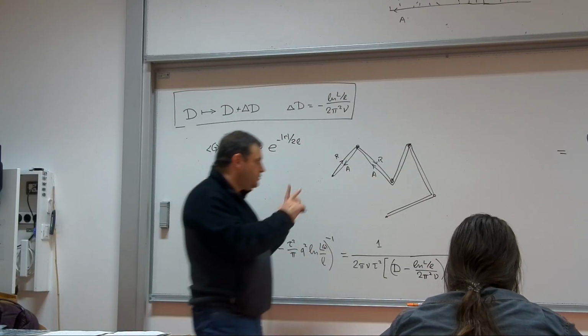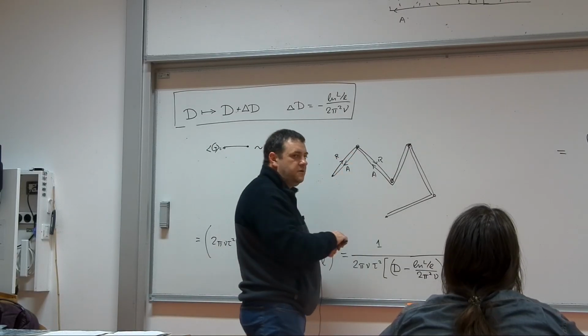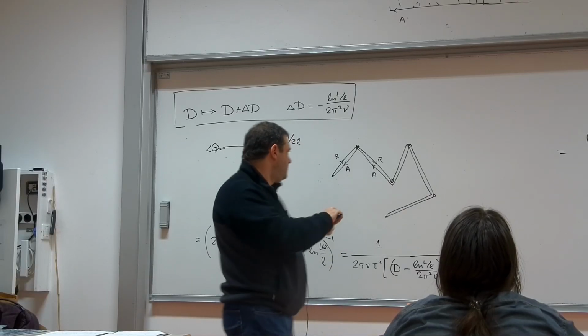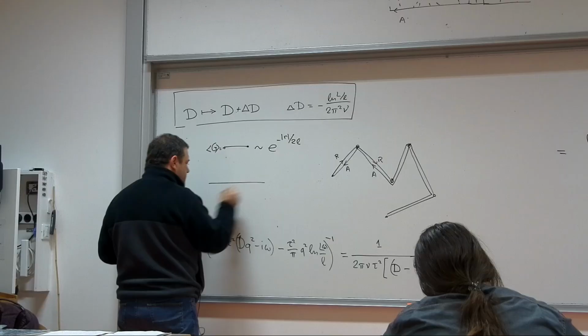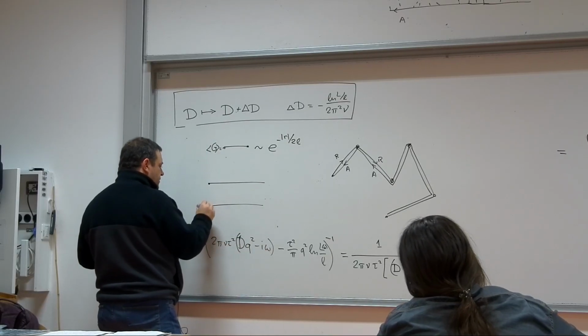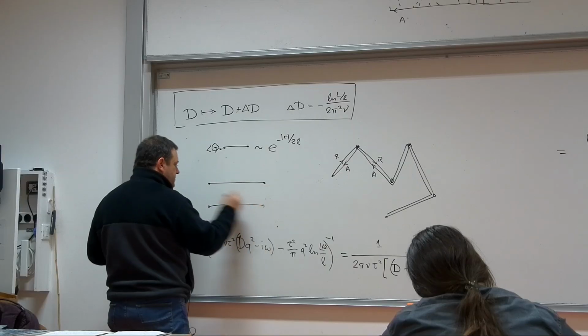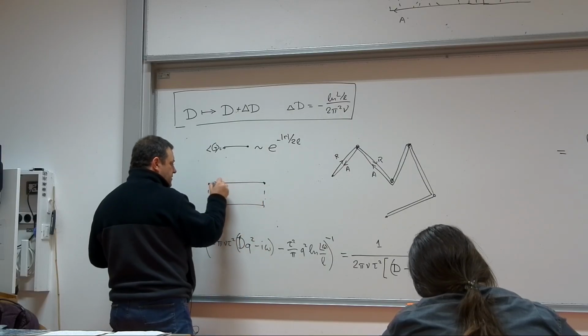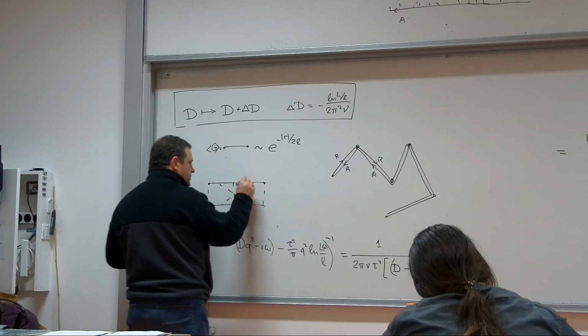So now, what will happen if I insert here a fan shape? Let's look at the diagram. This is my diagram. This is where my diffusion ends. And then here in between, I have a fan shape.